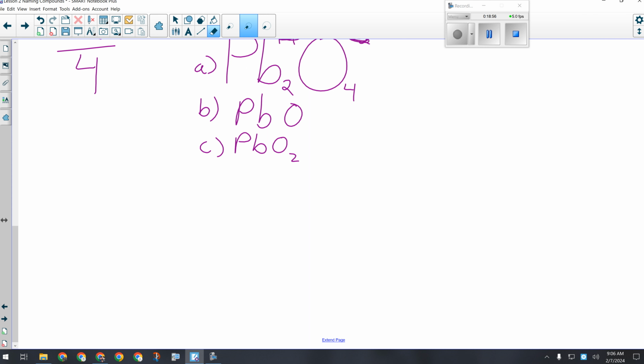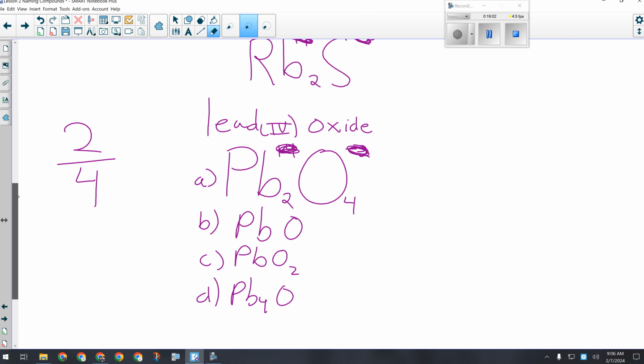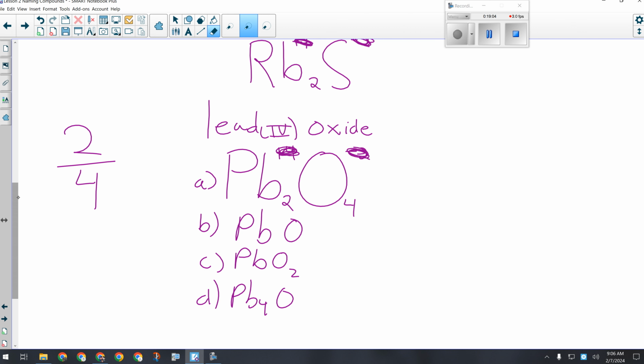And, I don't know, maybe just throw in a fourth one here. Pb4O. I get some people to pick that because of the Roman numeral. Is that a pretty easy multiple choice question for me to make up? I will do that, by the way. Spoiler alert. This tests, do you remember that little rule about reducing your numbers down?